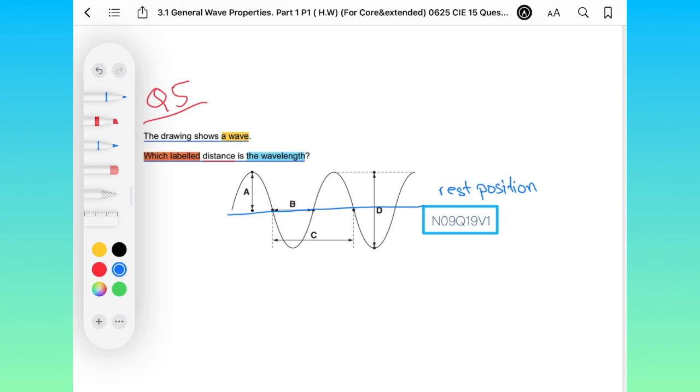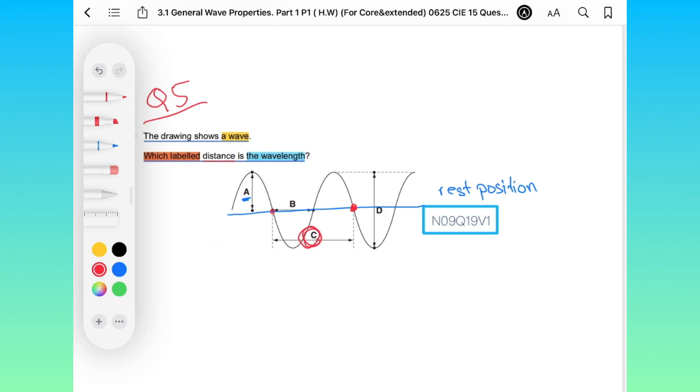So this A representing the amplitude. He is asking you about the wavelength. So the wavelength is the distance traveled by one complete wave, or the distance between a certain point in the wave and a similar point in the next wave. So the answer is C.